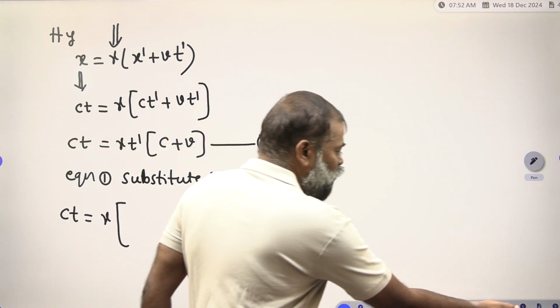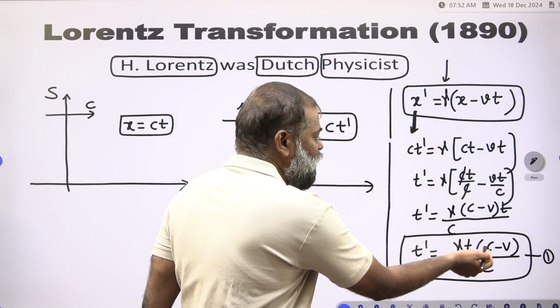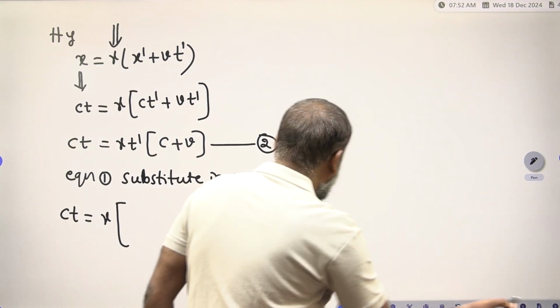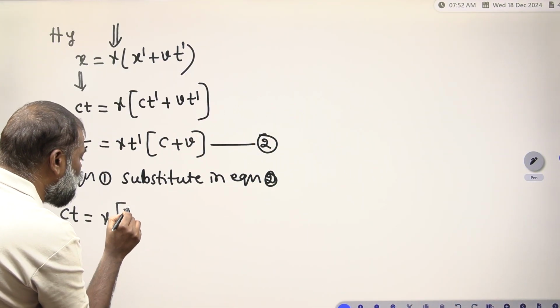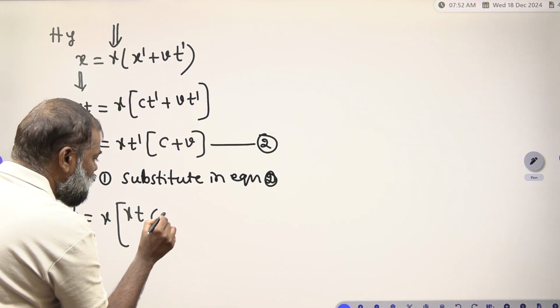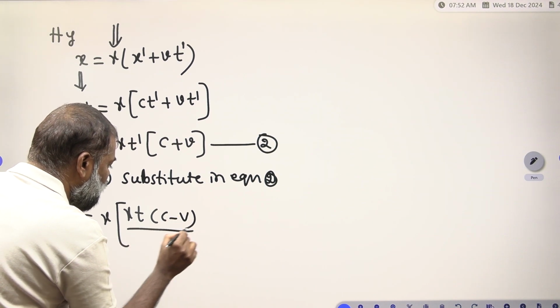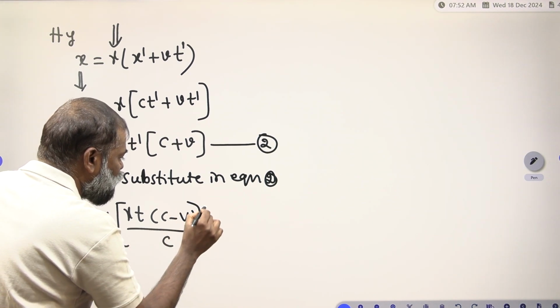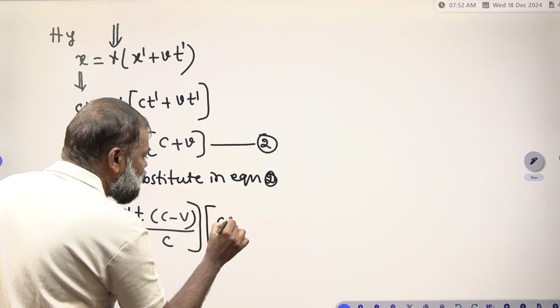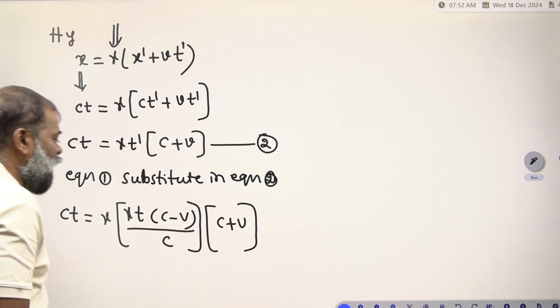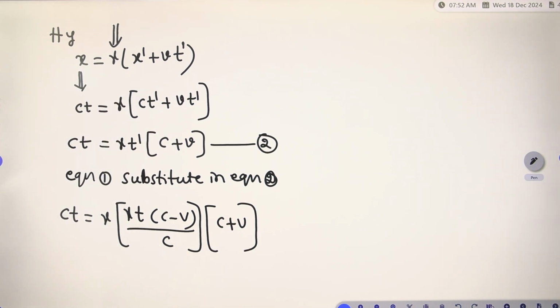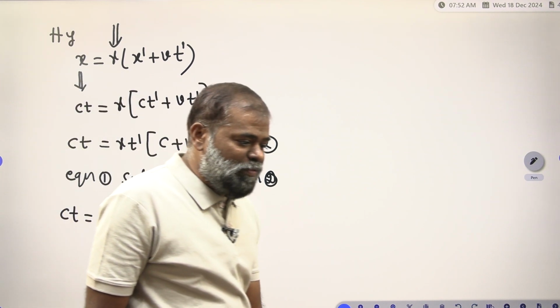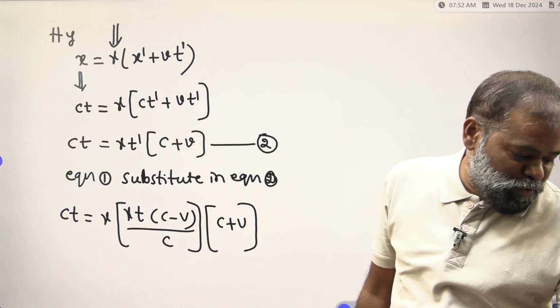Before, we took t dash is equal to gamma t c minus v by c. So, ct is equal to gamma t c minus v divided by c into c plus v, as it is, c plus v, correct. So, now you have to simplify this.